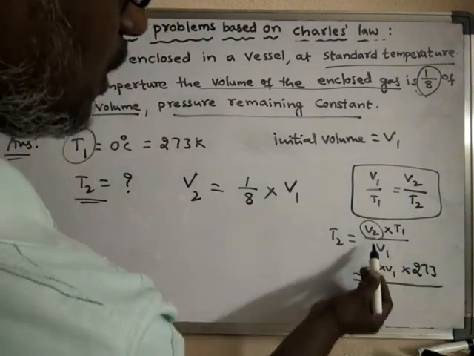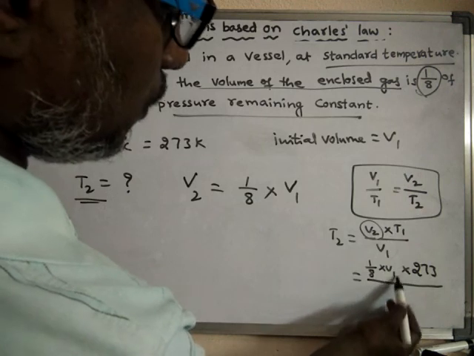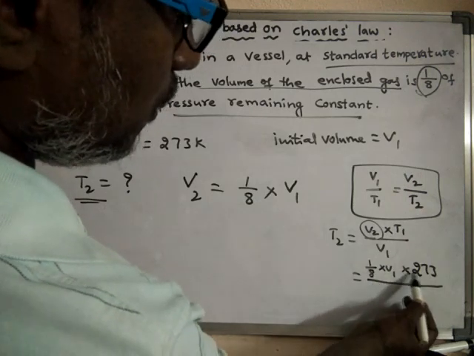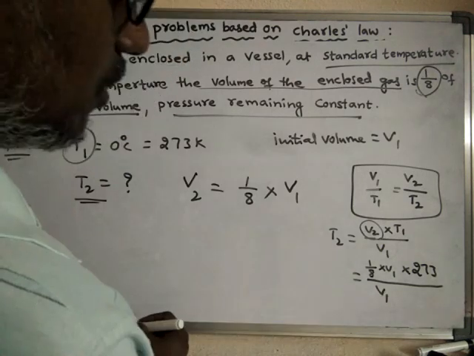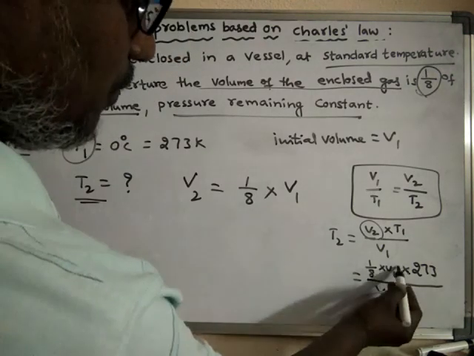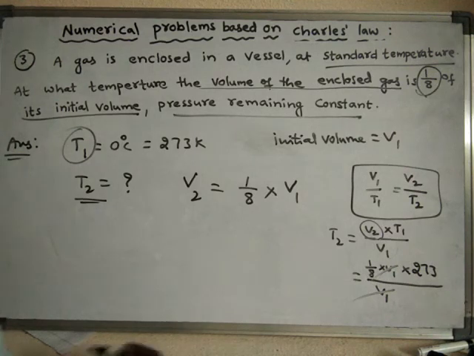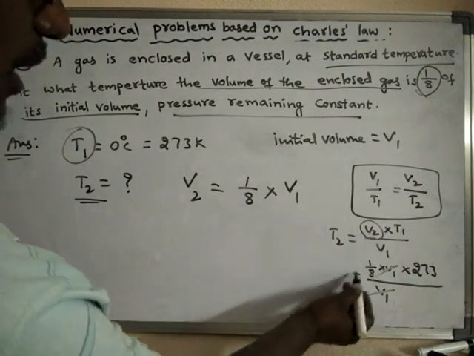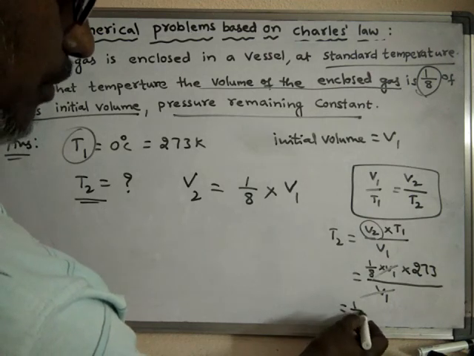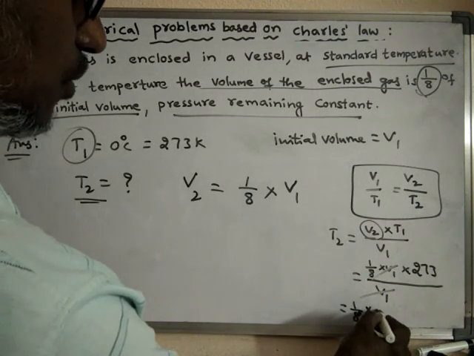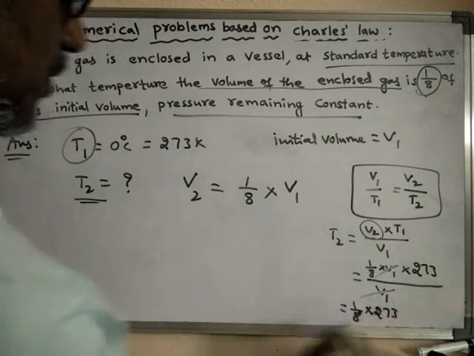Divided by V1, so V1 and V1 get cancelled. Now the final temperature T2 will be how much? It will be equal to 1 by 8 into 273.